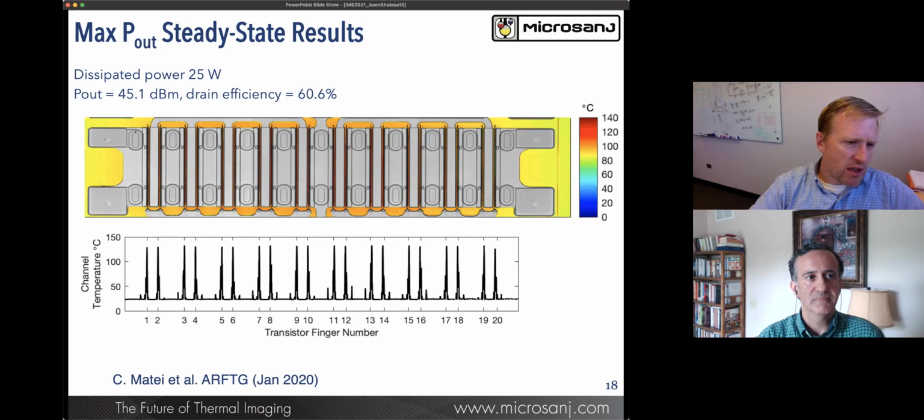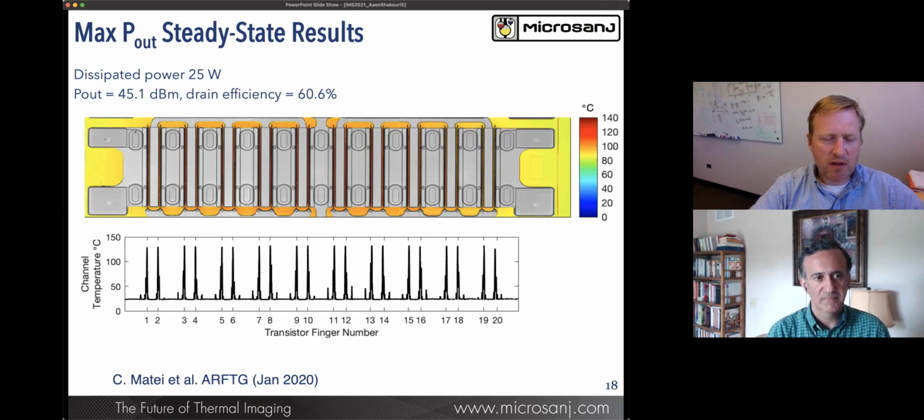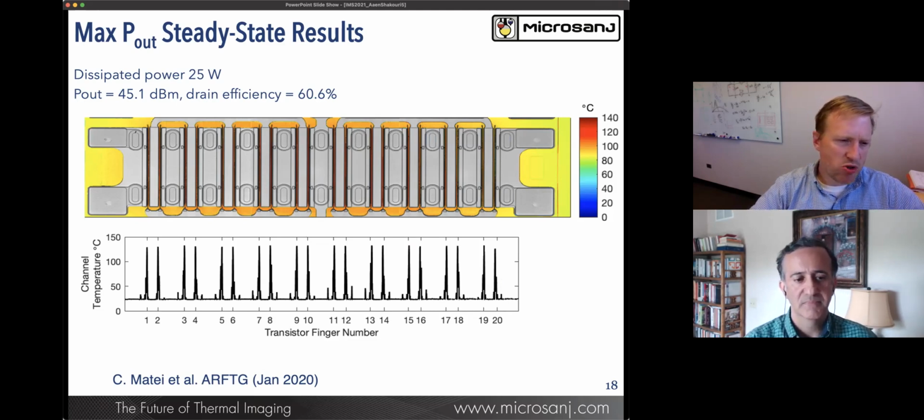And as we look at each one of the individual fingers, we have the nice image from above. We're calibrating now on the gallium and measuring on the gallium nitride. So the top layer of the device is translucent. We get right down to the GaN and the temperature right at the 2DEG. And what you'll see here is a graph on the bottom where we've numbered each one of the individual fingers.